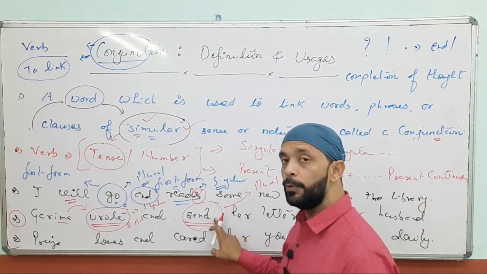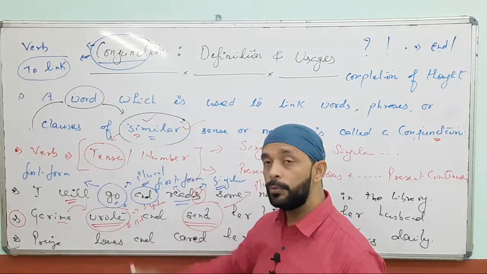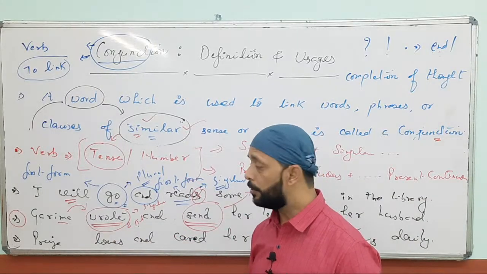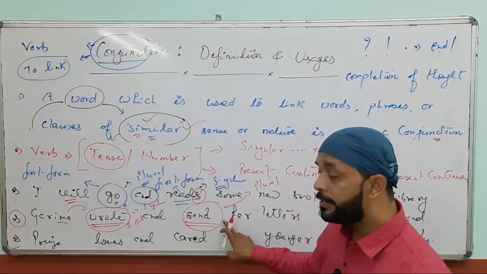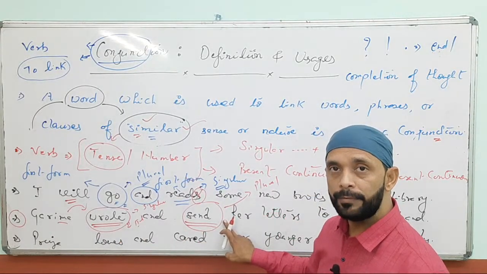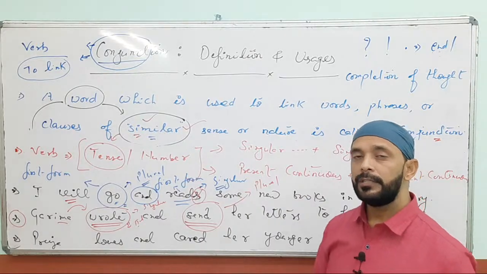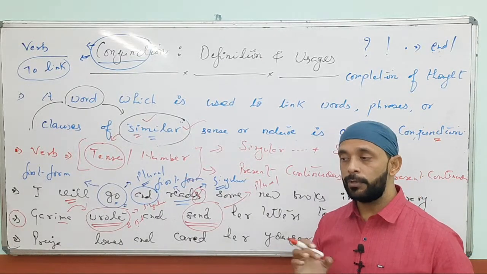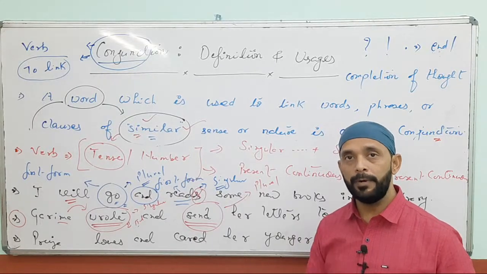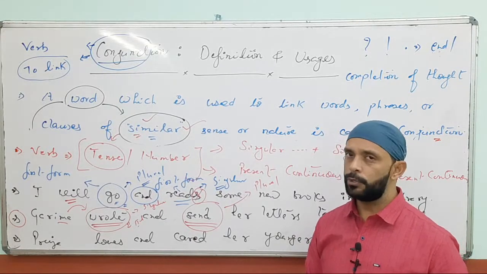So send is plural here, but wrote is singular here. Because wrote is not in its basic form. Send is here in its basic form. You understand the reason: whenever it is in basic form, we need S or ES to make it singular. Remember?